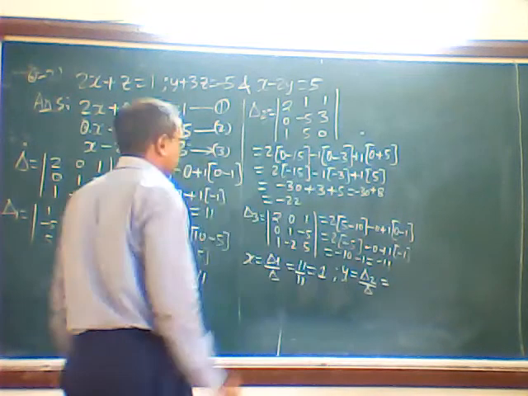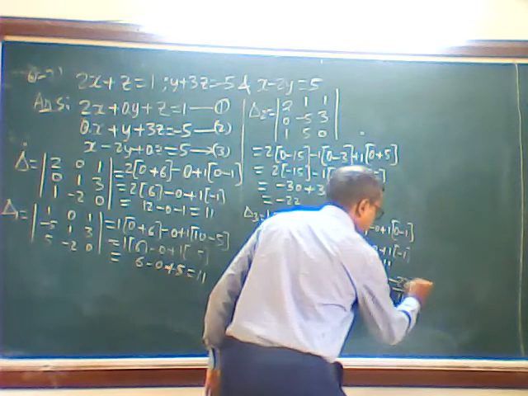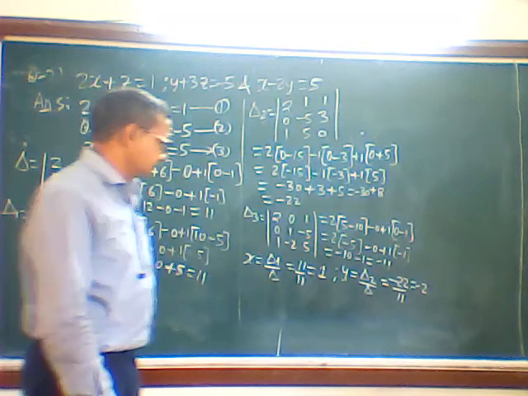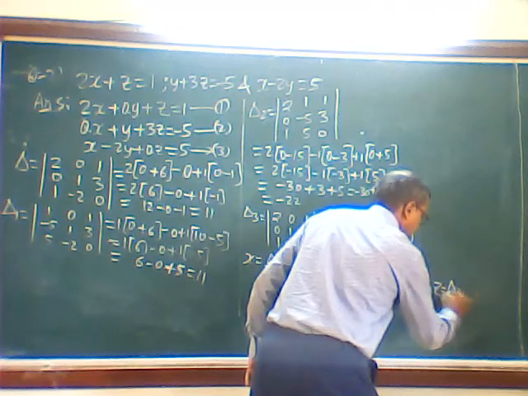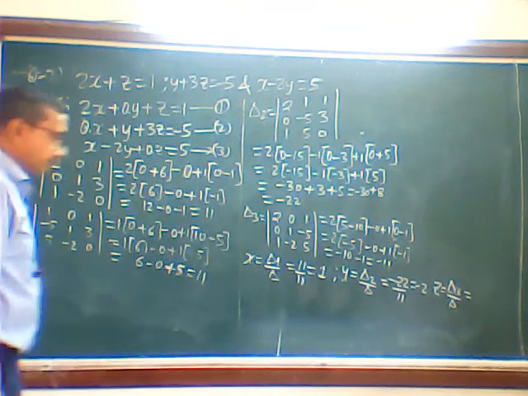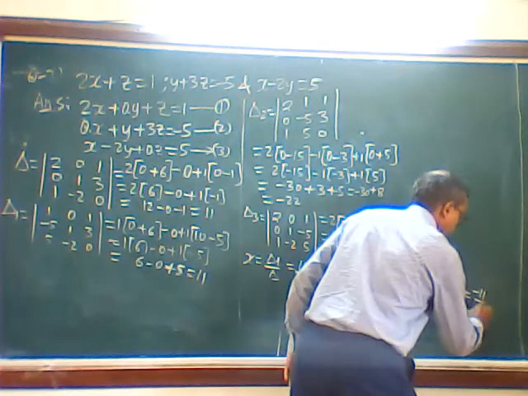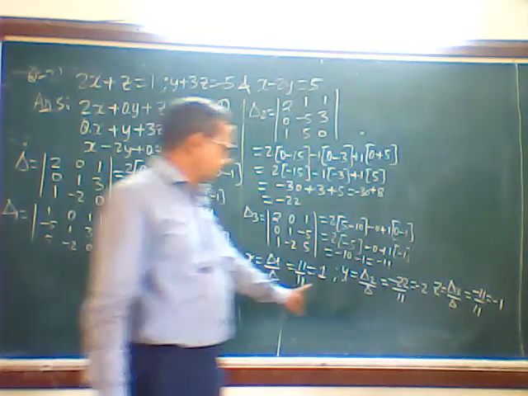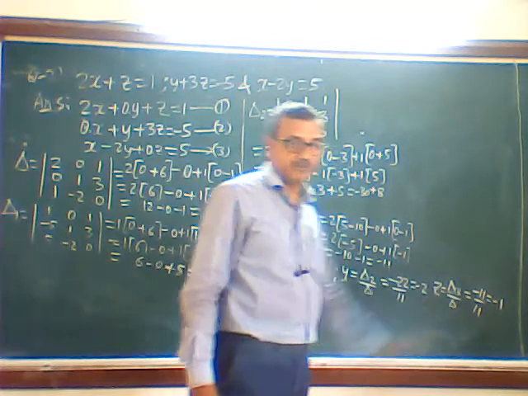What is delta 2? Minus 22 upon 11, that is minus 2. Then z is delta 3 by delta. Delta 3 is minus 11 upon 11, cancels, minus 1. So I got x value 1, y value minus 2, z value minus 1.